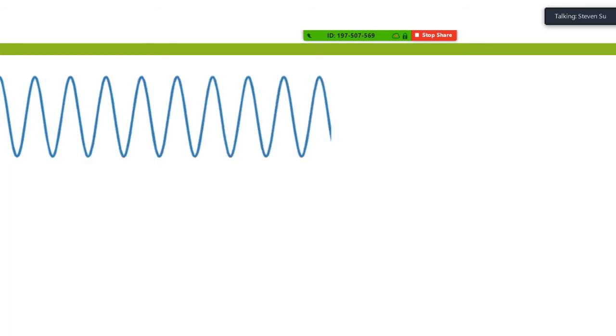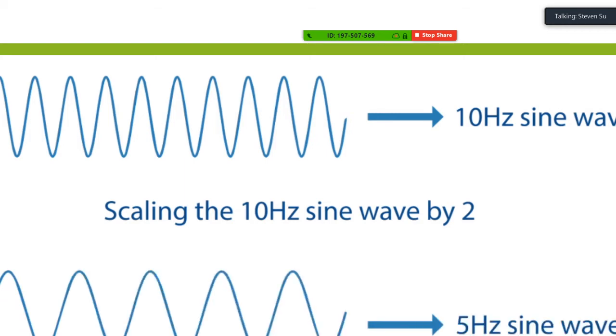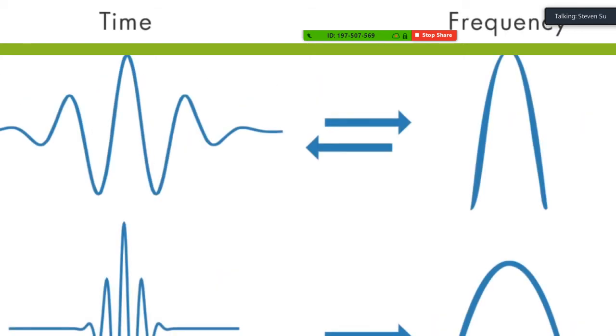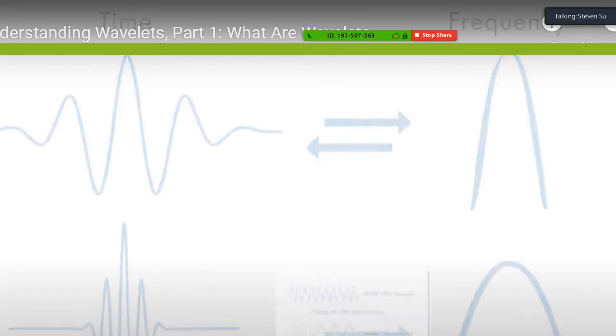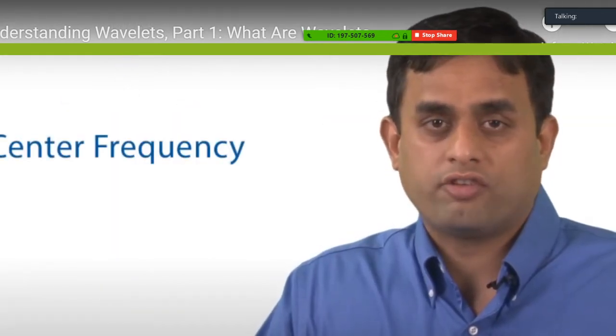For example, scaling a sine wave by 2 results in reducing its original frequency by half or by an octave. For a wavelet, there is a reciprocal relationship between the scale and the frequency with a constant of proportionality. This constant of proportionality is called the center frequency of the wavelet.